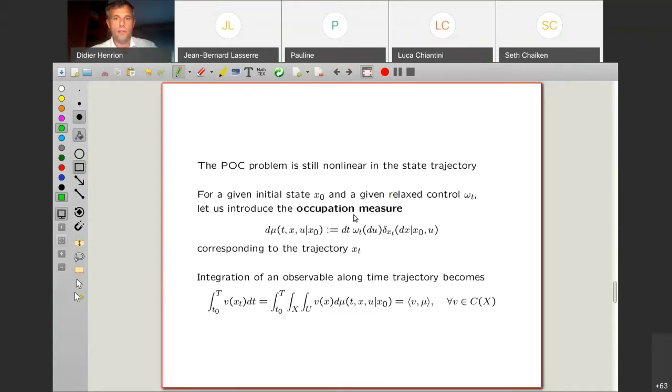So if you attended the lecture of last week, this is a continuous time counterpart of the discrete time occupation measure that we saw already. Its definition is the following. It's a measure of time, state, control, which is defined for each given initial state.